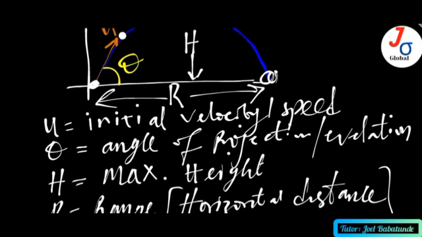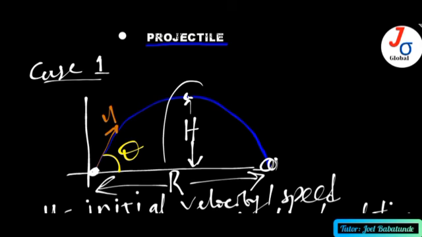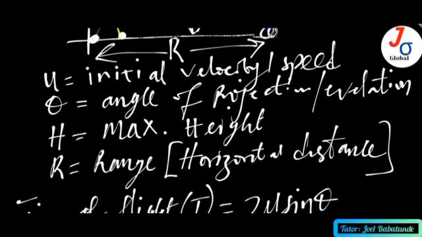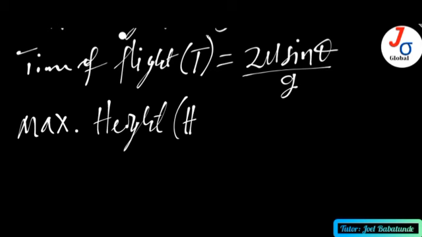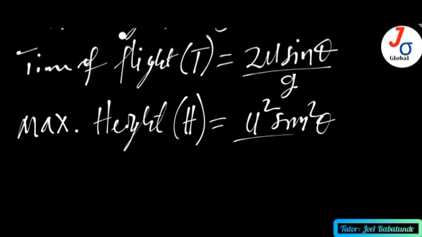Then if I have to calculate the maximum height, that means what's the maximum height that the ball will reach before returning down? The maximum height, which is h, is given as u squared sine squared theta over 2g.